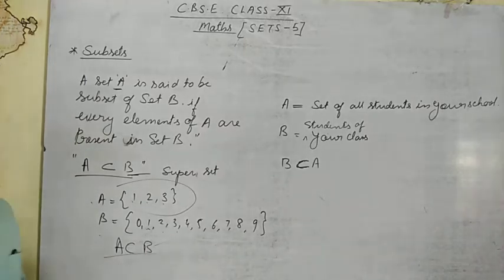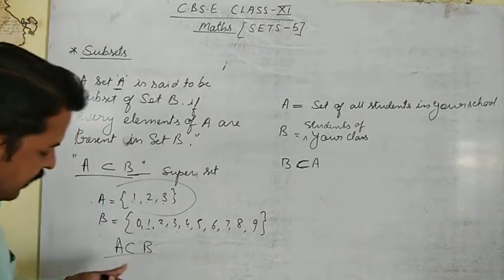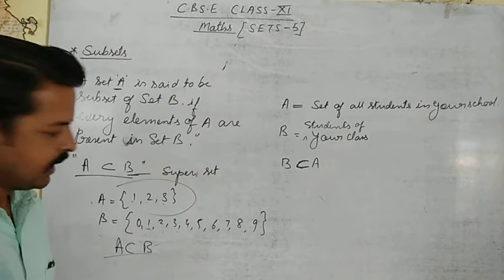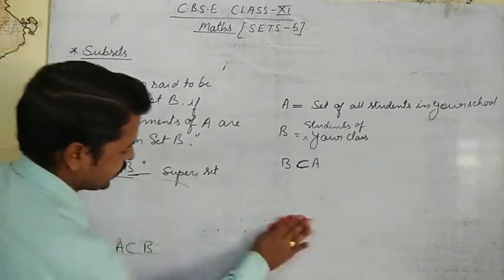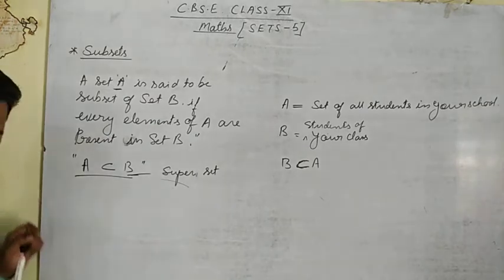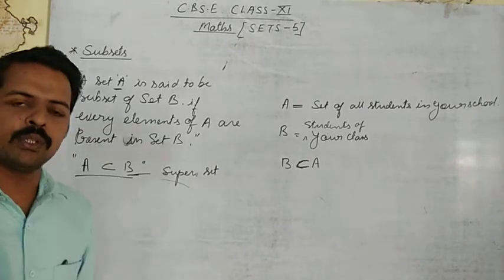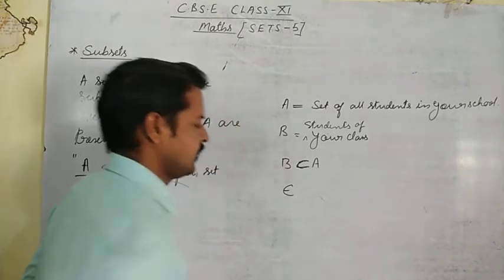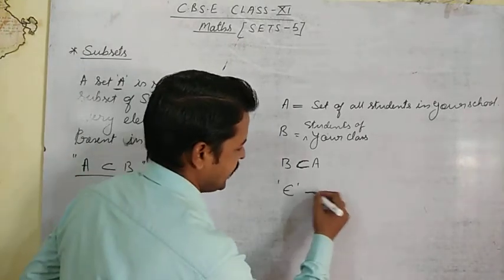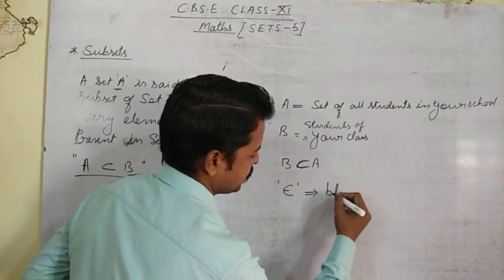We will solve several examples based on this. If you want to write the definition of subset in symbolic form, how will you do that? If you remember, in the previous video I taught you about this symbol. It means belongs to.